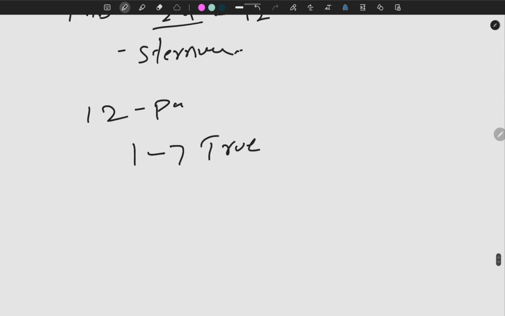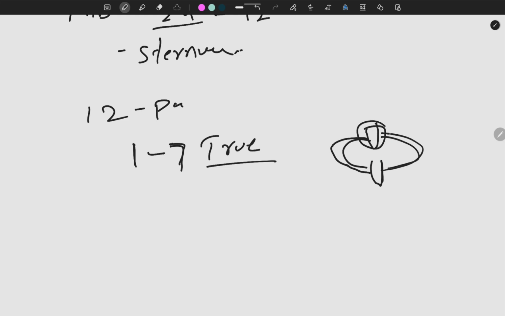Remember this one, 1 to 7 ribs are called true ribs. Why? Because the ribs are attached at the back to the vertebral column and in front they are connected with the sternum bone. So these ribs are joined with the vertebra and the sternum. For that reason these are called true ribs.